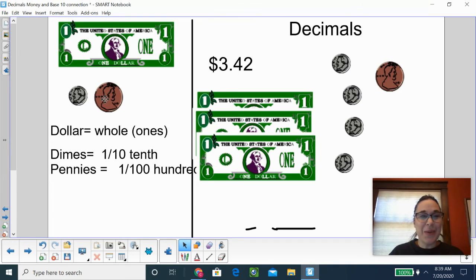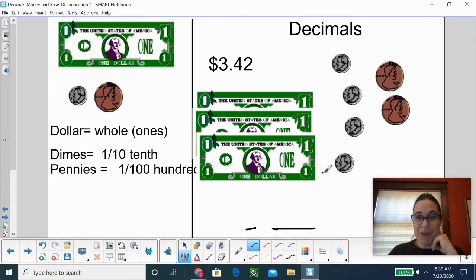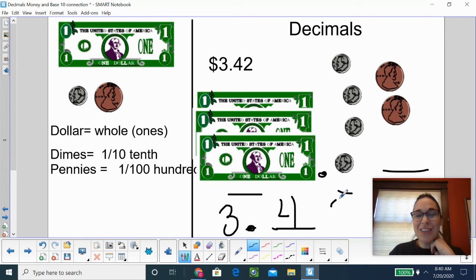Yes. So we could think about this as being 3 wholes, 4 tenths, and 2 hundredths. Go ahead and throw a decimal point in there too. Our wholes, tenths, hundredths. So that would be 3 and 42 hundredths.